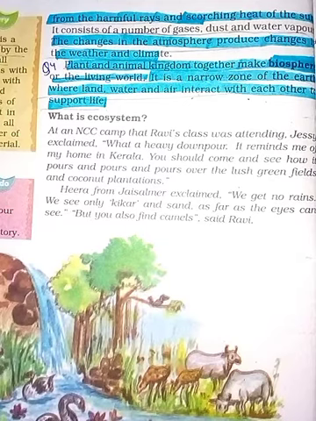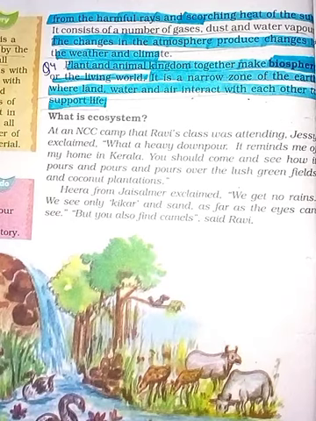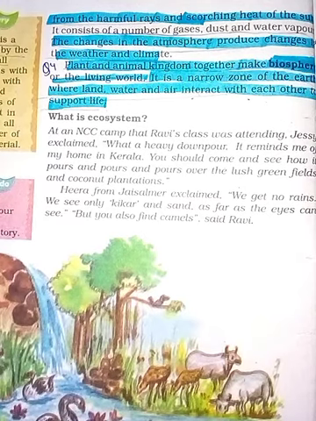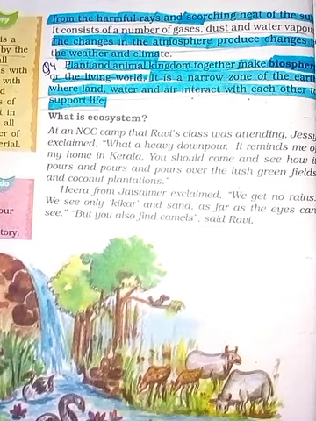The changes in the atmosphere produce changes in the weather and climate. Plant and animal kingdom together make the biosphere or the living world. It is a narrow zone of the earth where land, water, and air interact with each other to support life.